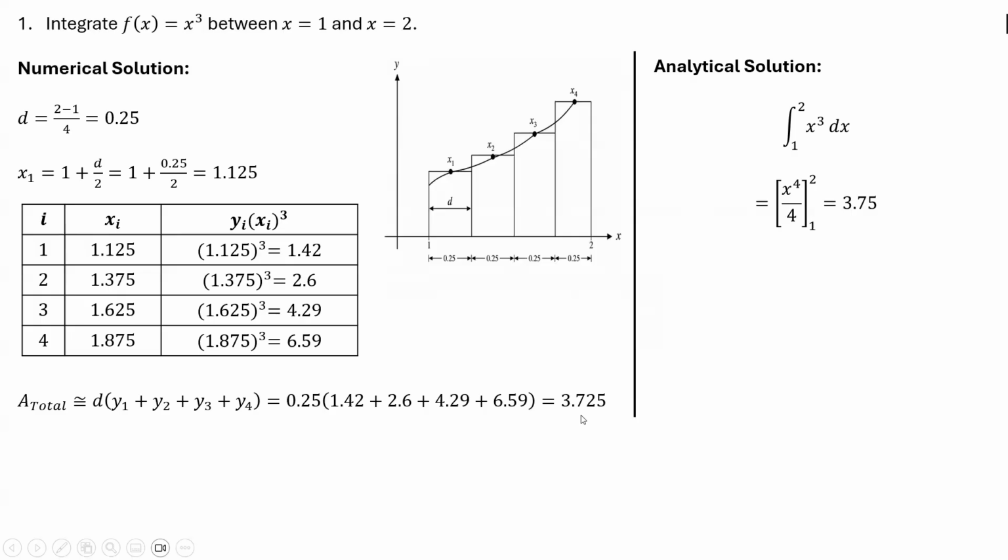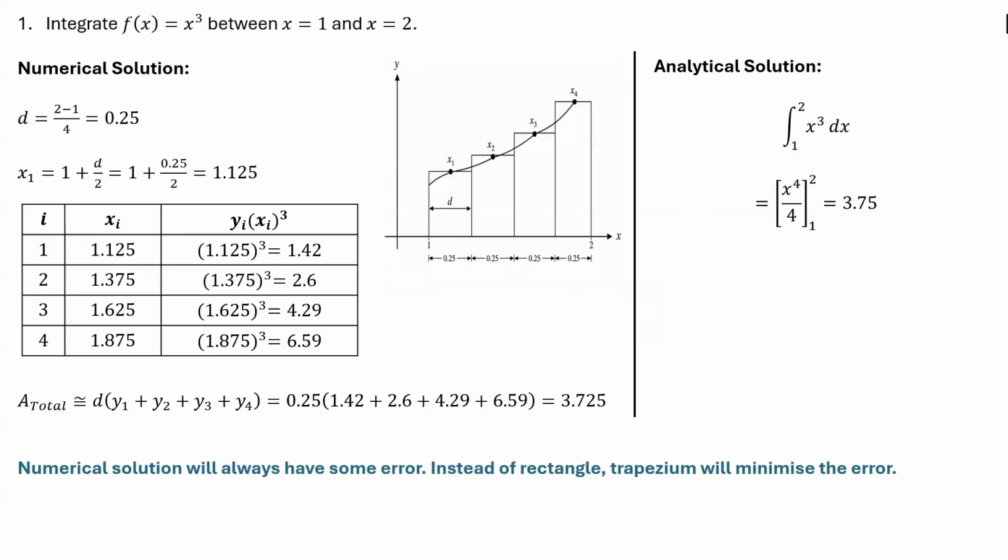So you can see the numerical solution gives us a very close value to the analytical solution. 3.725 and 3.75 is quite close, but not that close. We can find a closer value with our upcoming rule. It will always have some error.